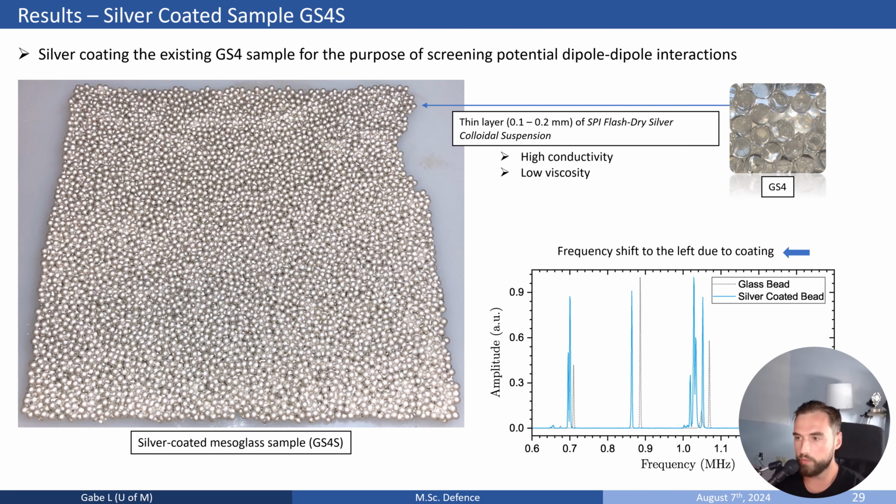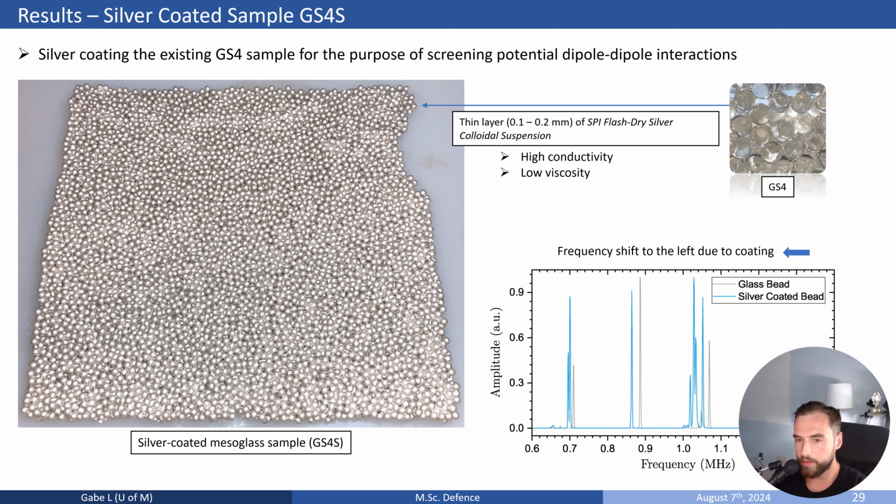We took the mesoglass sample and silver coated it with a high conductivity, low viscosity material. This silver paint is used in SEM microscopy. The entire sample was coated.